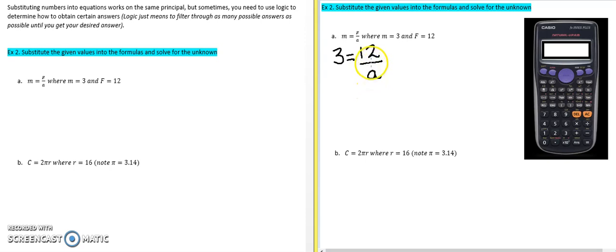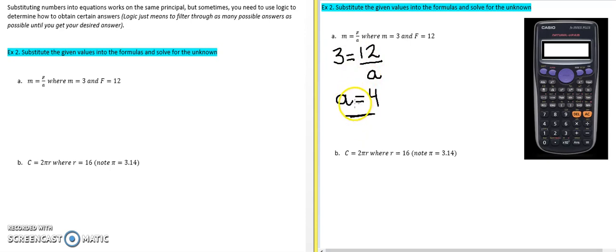Now this is where that little sentence that says logic needs to be used comes in. We know that 12 divided by some number is going to give us the answer 3, and there's only one possible answer for this to work. In this case, A has to equal 4, because 12 divided by 4 is equal to 3. There's no other number where this can work. So here is our final solution.